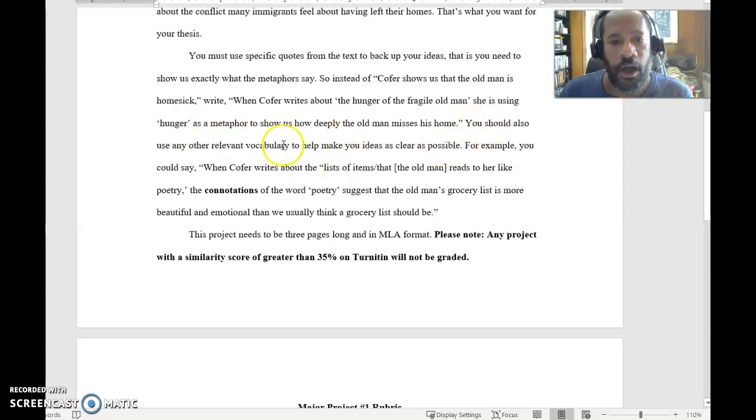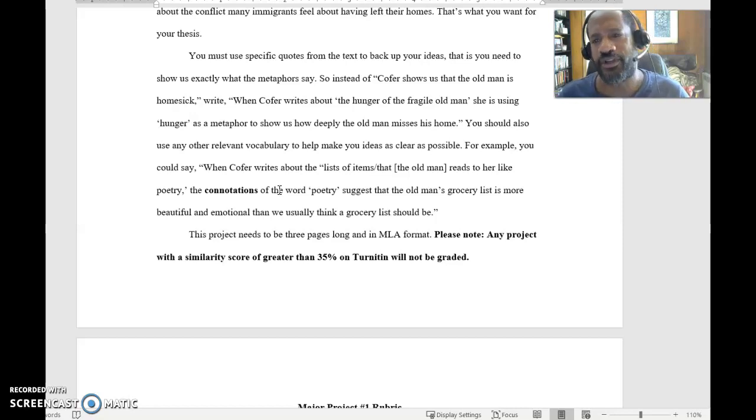So you should also use any other relevant vocabulary to help make your ideas as clear as possible. For example, you could say, when Cofer writes about the list of items that the old man reads to her like poetry, the connotations of the word poetry suggest that the old man's grocery list is more beautiful and emotional than we usually think a grocery list could be. Connotations are ideas associated with a word, right?